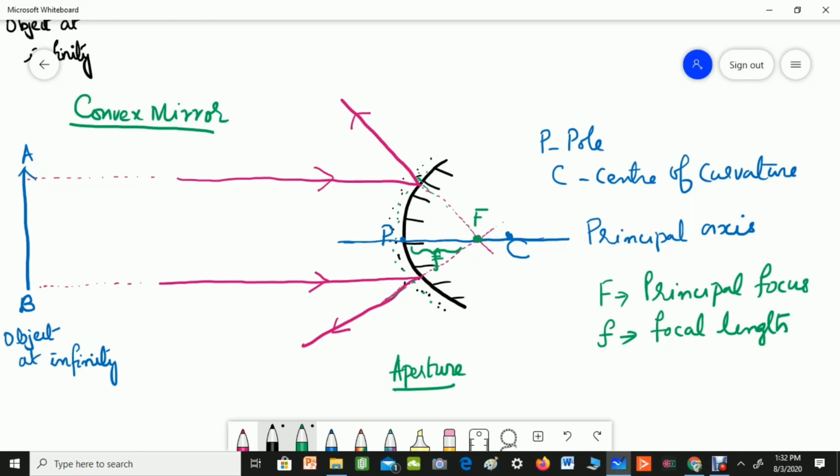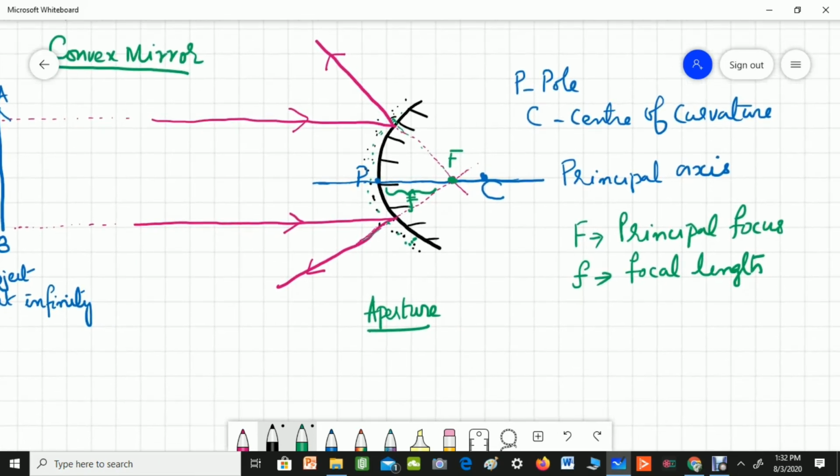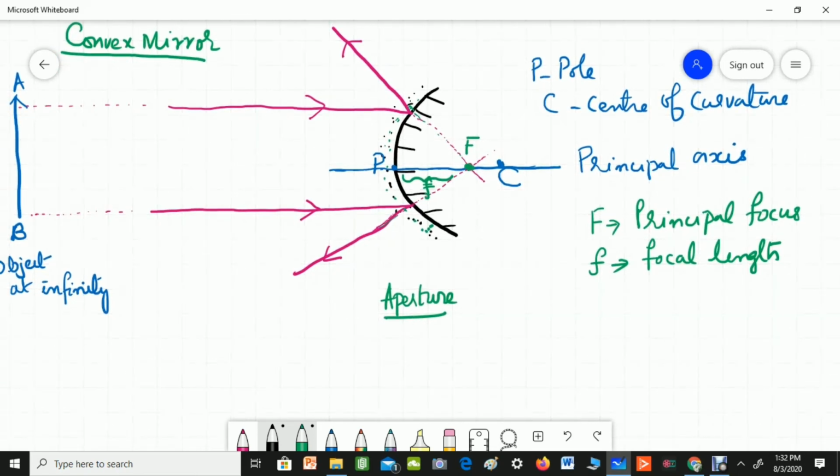Okay, the diameter of the reflecting surface is called the aperture. For spherical mirrors of small apertures, the radius of curvature is found to be equal to twice the focal length. So we can write a formula for this: R = 2f, which means that the radius of curvature is twice the focal length of the mirror.